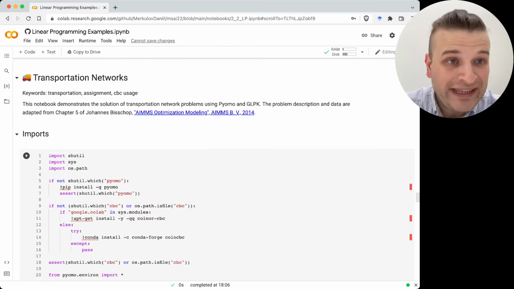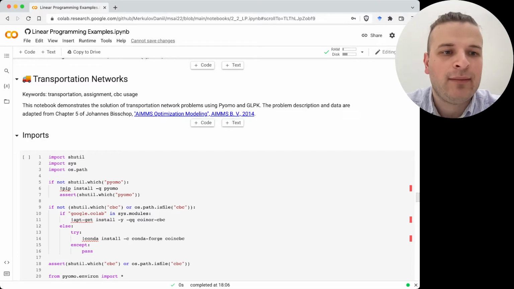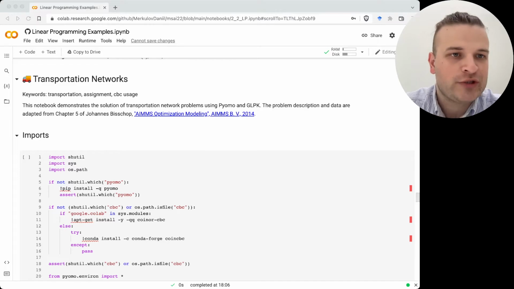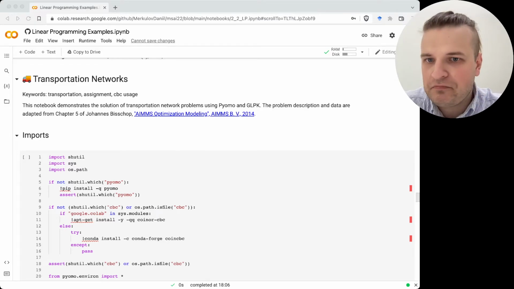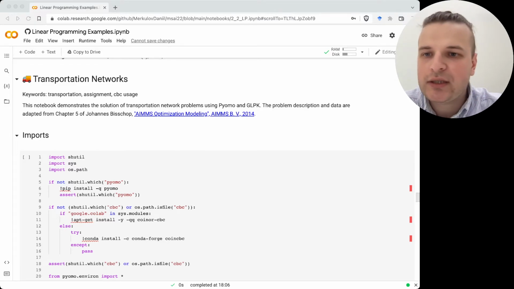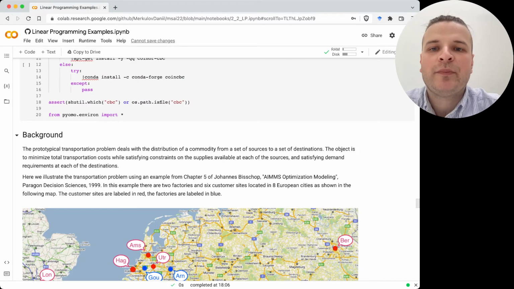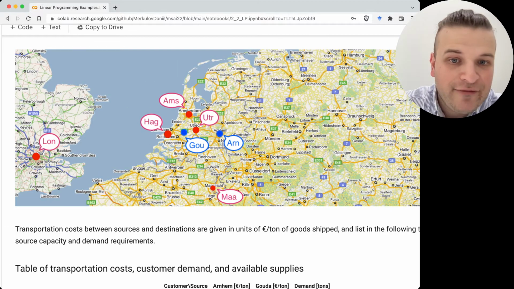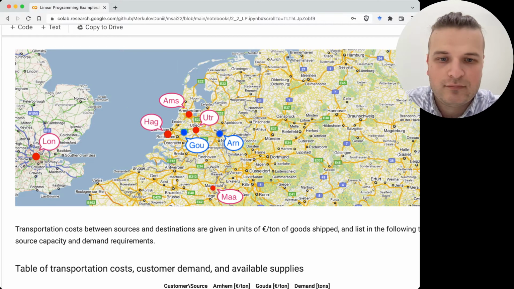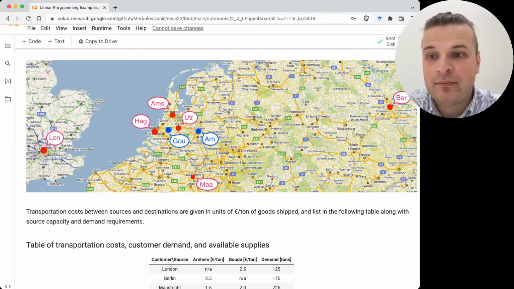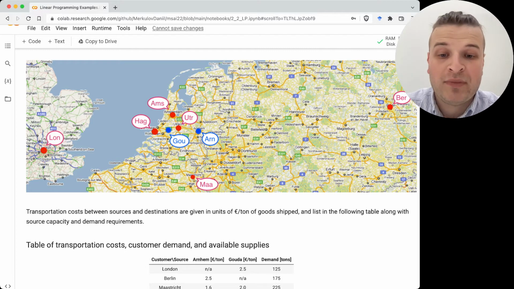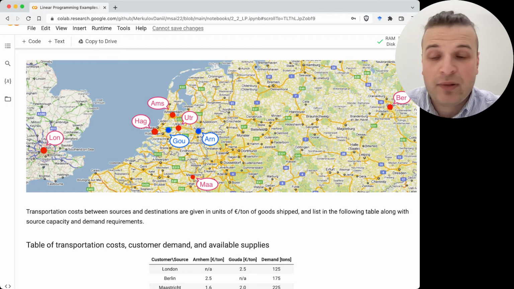Let's consider one more interesting example here. This is about transportation networks, which is a pretty practical one, right? And the problem is the following. Suppose we have some manufacturers and some consumers of some, I don't know, products, materials, supplies, anything.